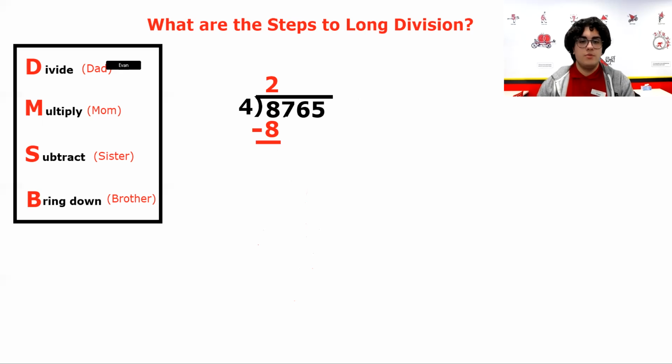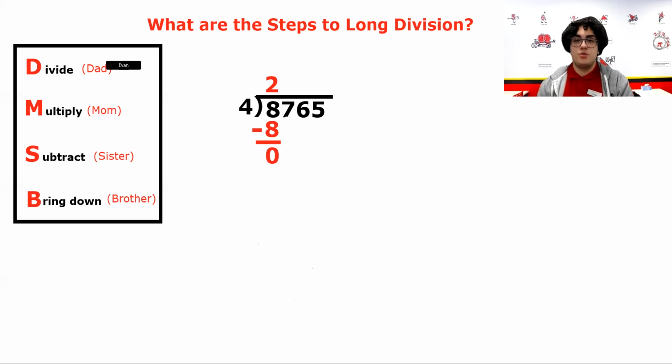We are going to subtract whatever number from the dividend we used, and we're going to subtract our multiplication product. In this case, it's 8 minus 8. You can see where I wrote that 8. I wrote it just under the first place value in our dividend. 8 minus 8, nothing remaining, that's 0. And our next step, that's our subtraction step.